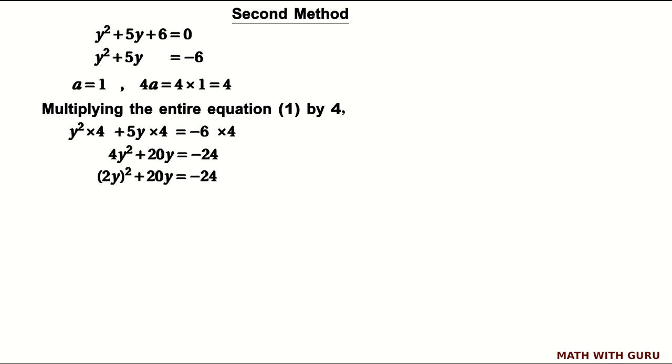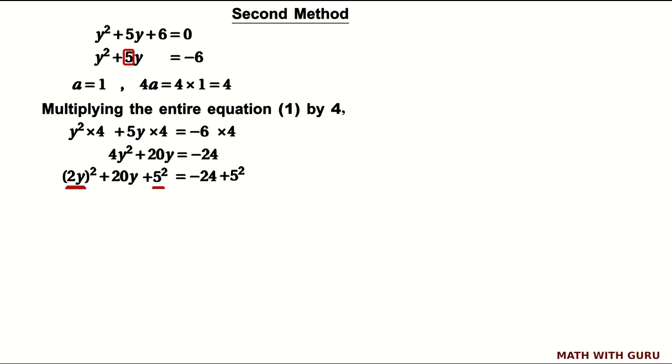(2y) whole squared plus 20y equals minus 24. Consider the coefficient of y disregarding the sign. Anyhow, the sign here is positive. If it was negative, then you have to take only positive 5. Add 5 squared to both the sides.